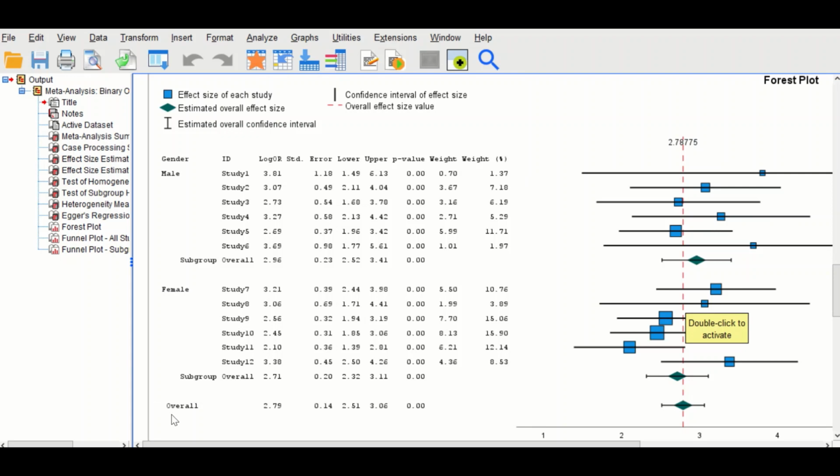As shown here in the lower part is the overall estimate effect size, which is the overall odds ratio given here with the 95% confidence interval, standard error, and a p-value.